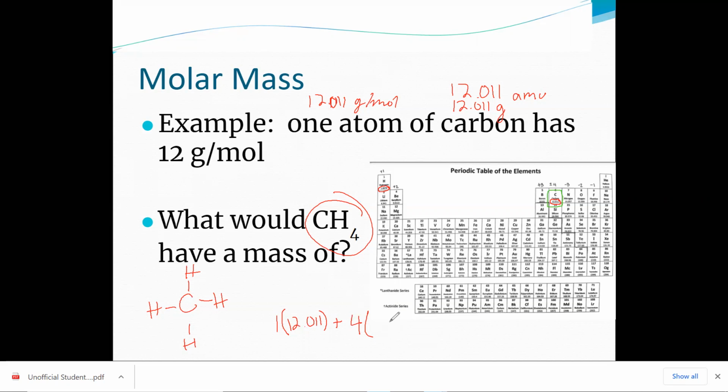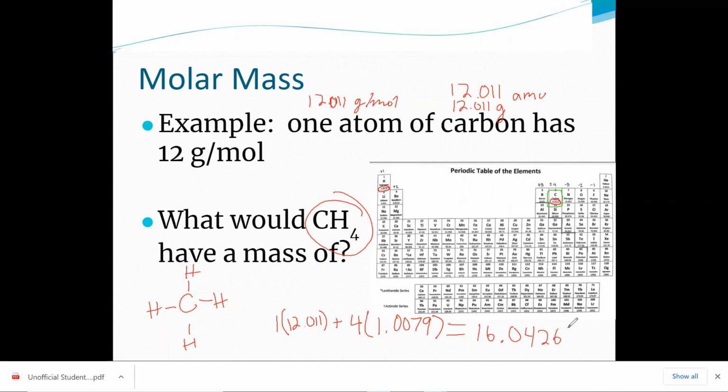And in the hydrogen case, 1 hydrogen atom weighs 1.0079 grams, okay? So since we have 4 hydrogens, we're going to multiply that number by 4. So if I added all these together on a calculator, I would find that the molar mass of CH4 is 16.0426.